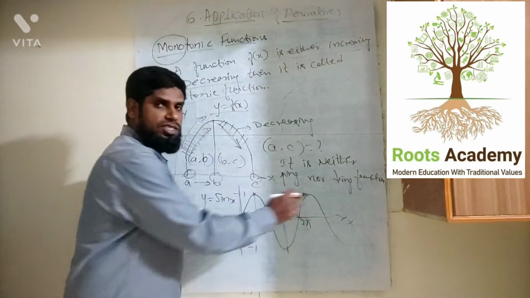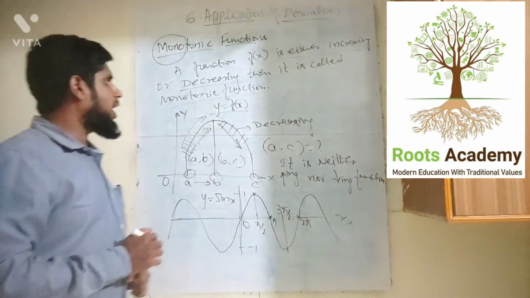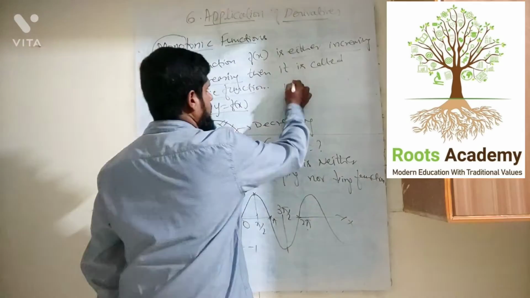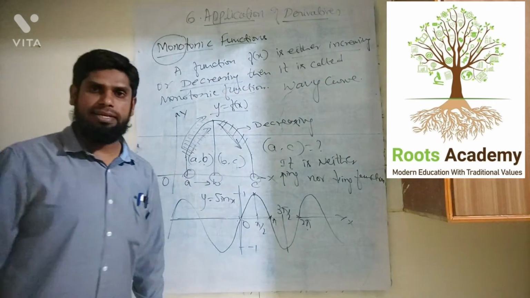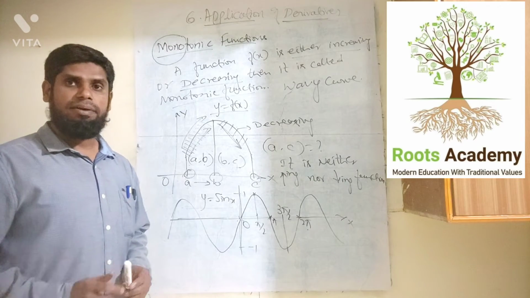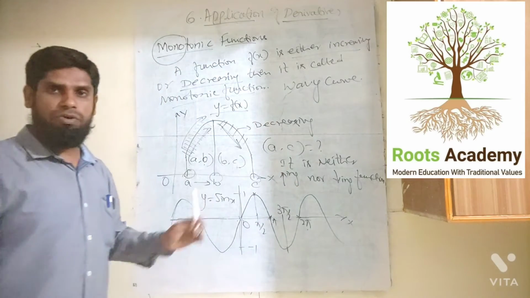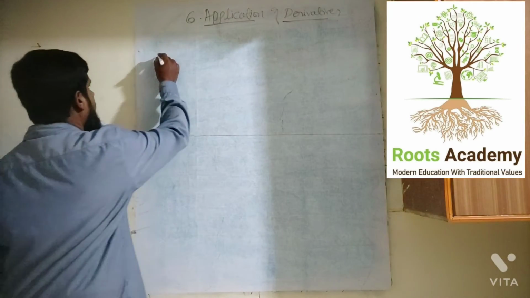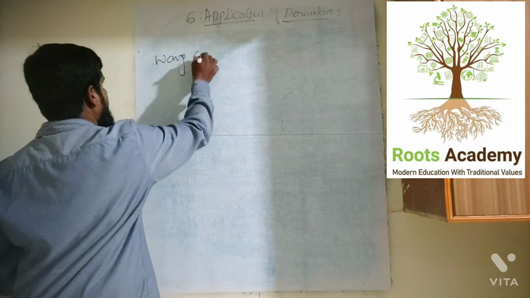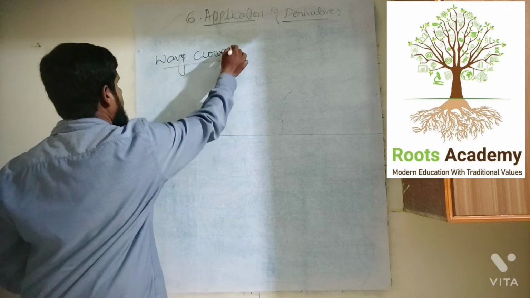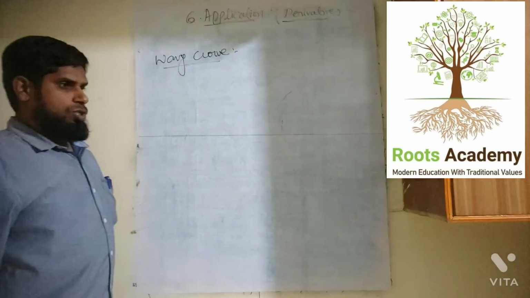So to divide the intervals of any function, we will use a wavy curve. We use the wavy curve method. Now let us discuss what the wavy curve method is.